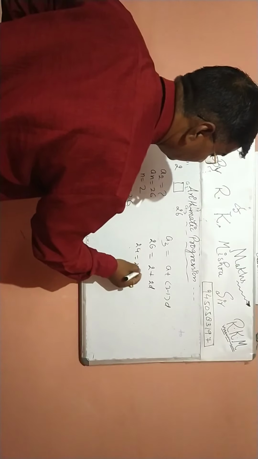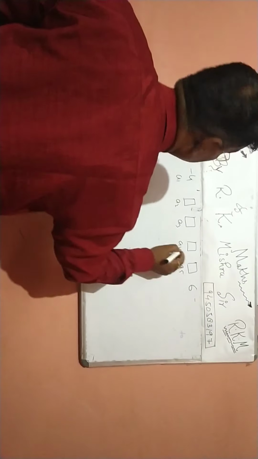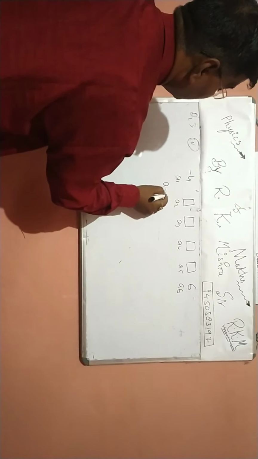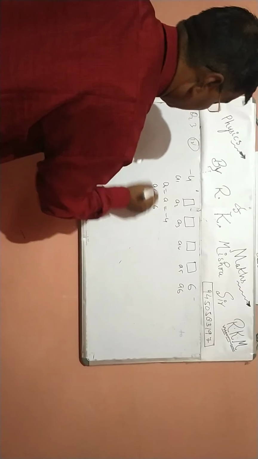What is given in part 4? -4, A1, A2, A3, A4, A5 and A6. A1 is equal to -4, A6 is given as 6.